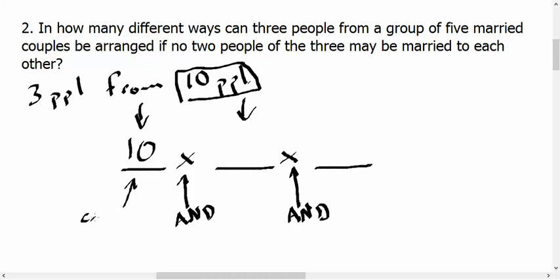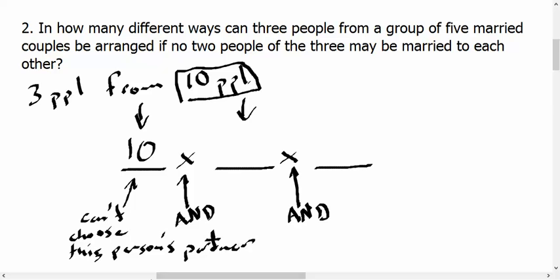So I can't choose this person's partner right there. So I can choose anybody except for this person or this person's partner. So anybody except for the first person or the first person's partner. So that means that of those 10 people, there are 2 that I can't choose right now when I get to the second slot. So I've only got 8 who I can choose.